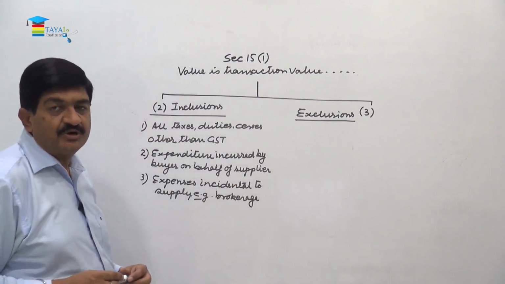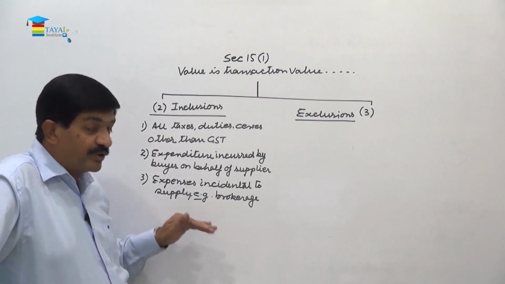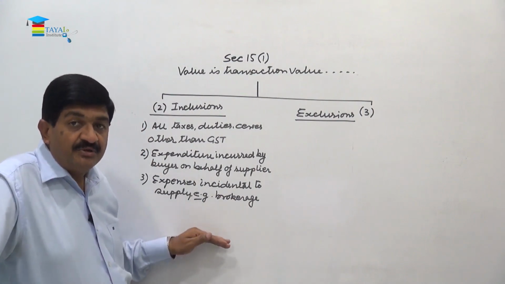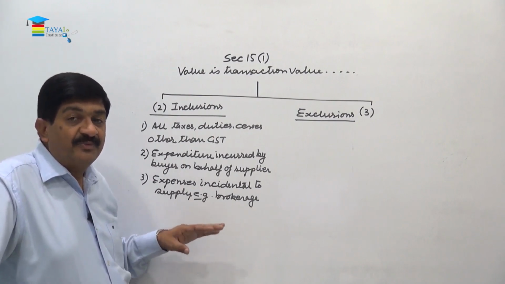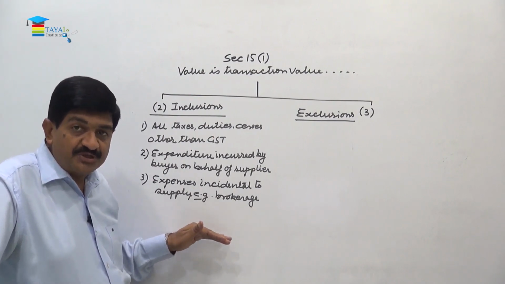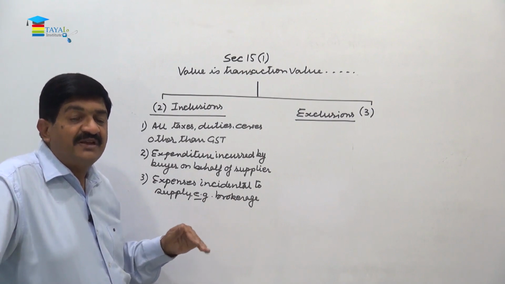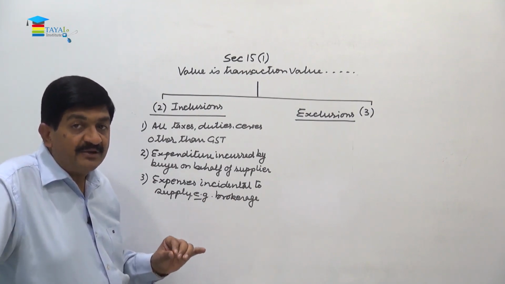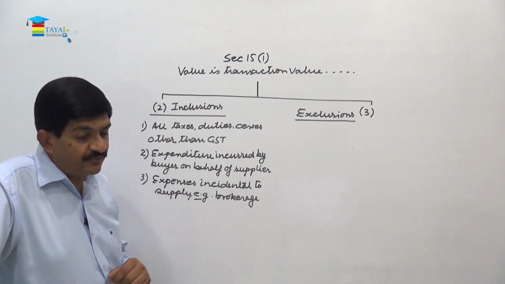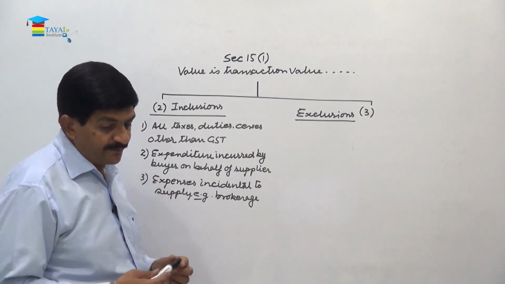Whatever expenses are required to be incurred in connection with supply, so brokerage or any commission or any special packing or any testing or expenses for transportation, all these expenses which are incidental to supply, those are required to be added with the value to arrive at correct assessable value for the purpose of GST.